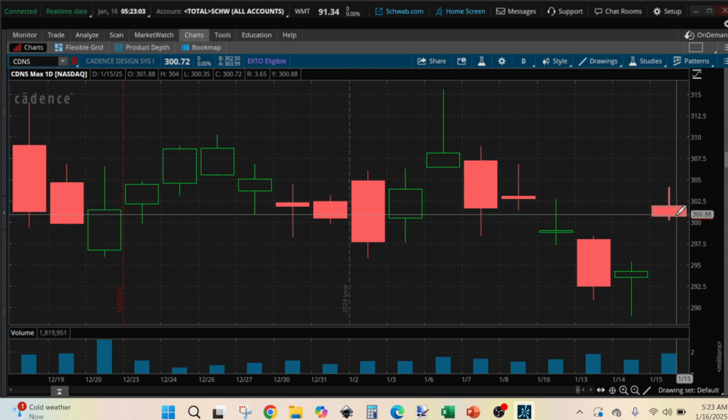The price went down that day, therefore it is represented by a red bar on our chart.